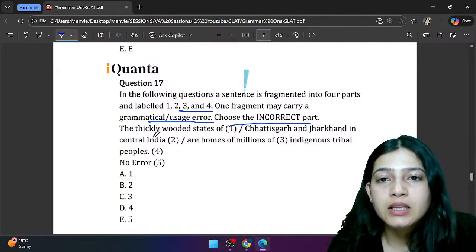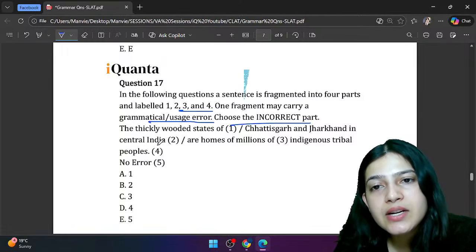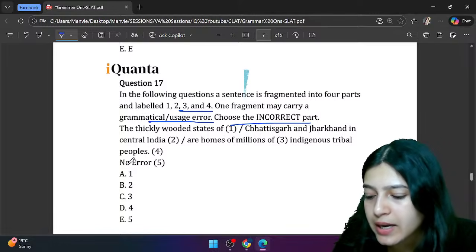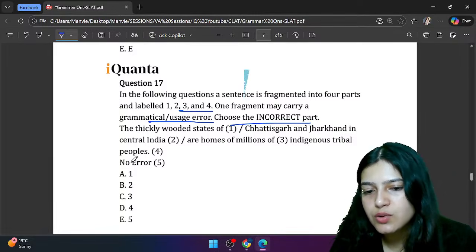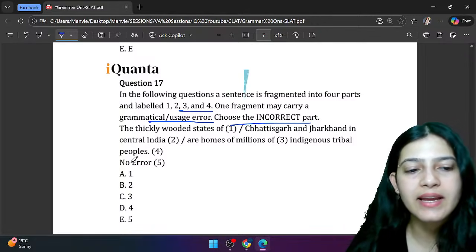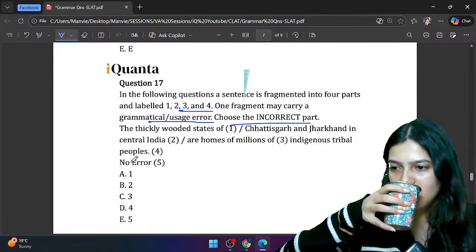The thickly wooded states of Chhattisgarh and Jharkhand in the central India are homes of millions of indigenous tribal people. What should the correct answer be? This one's really easy. C? C. Why is C incorrect? You tell me, why is C incorrect?